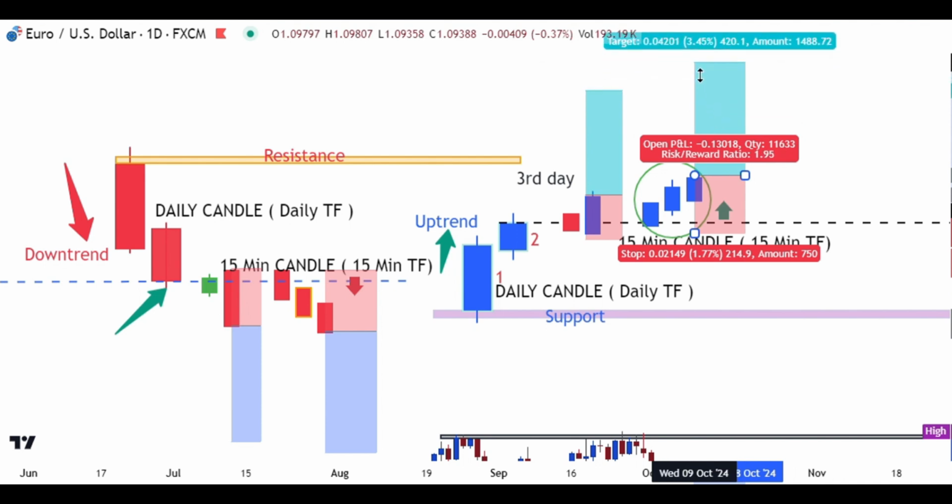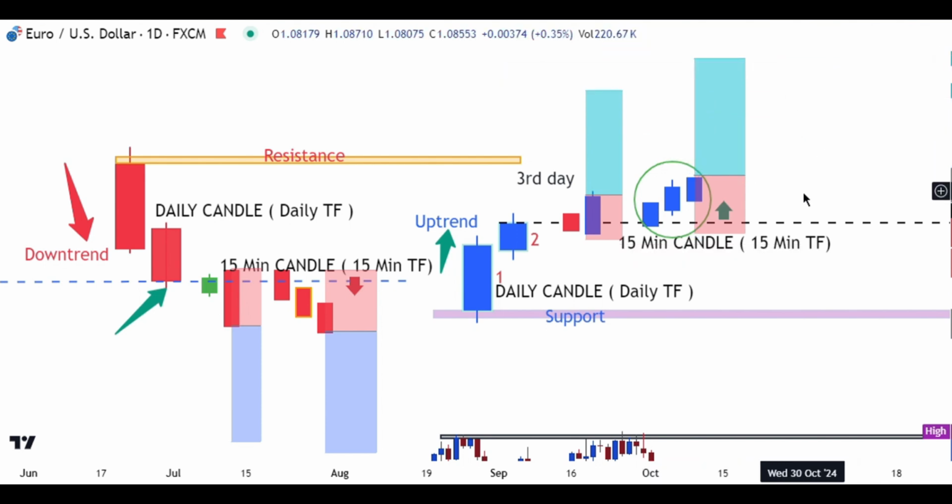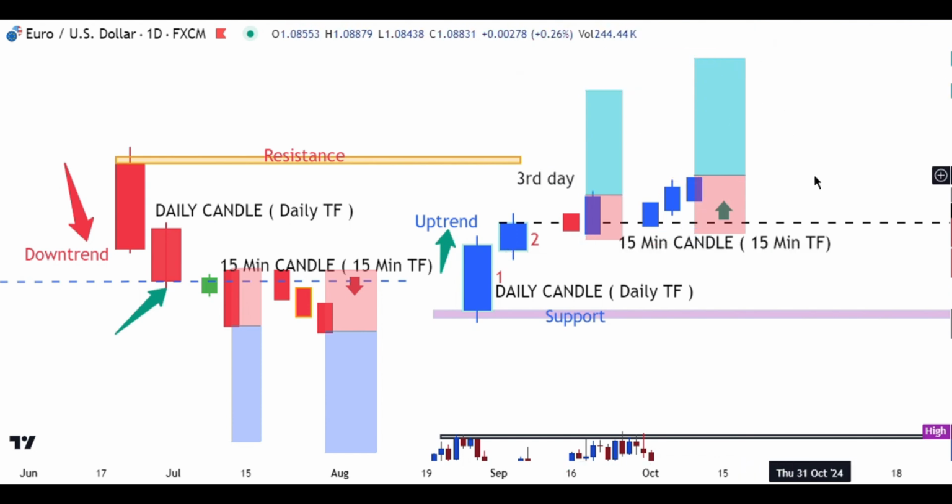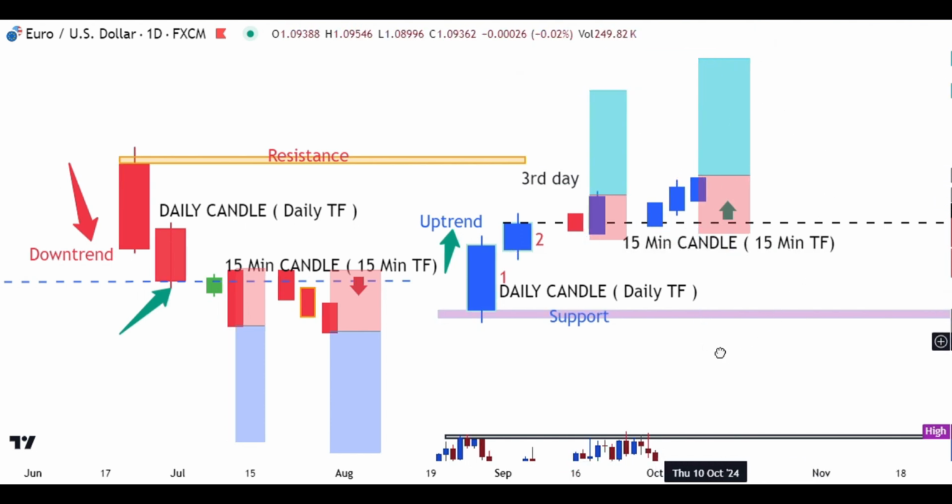You'd still target your 1:2 risk to reward ratio and continue even holding that trade for as long as the market keeps rising, and keep scaling in positions.